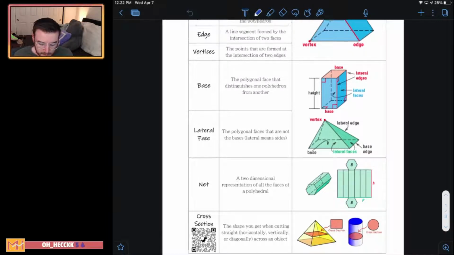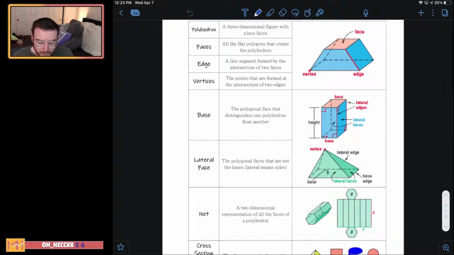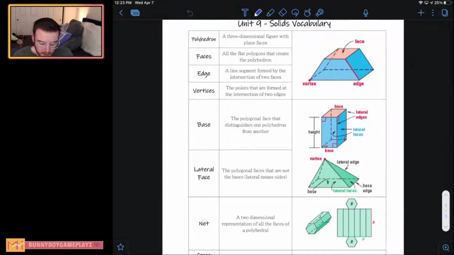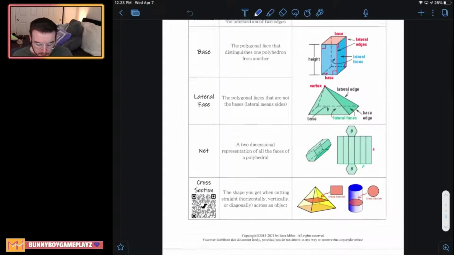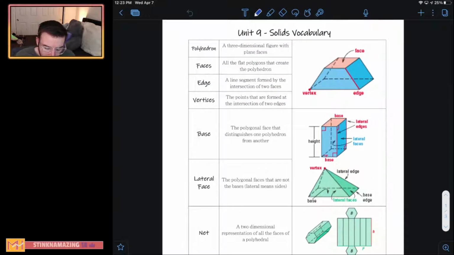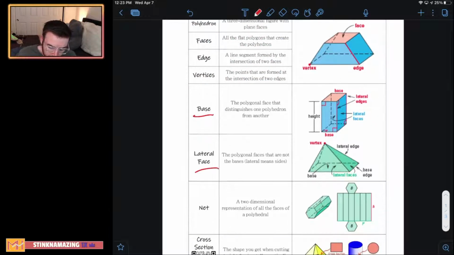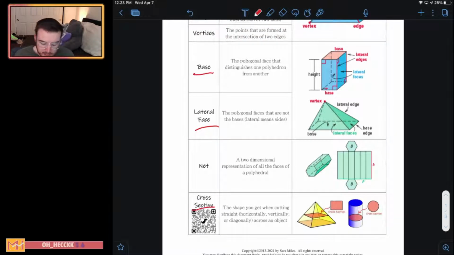But I want to focus on some of the big ones: base, lateral face, and cross-section.